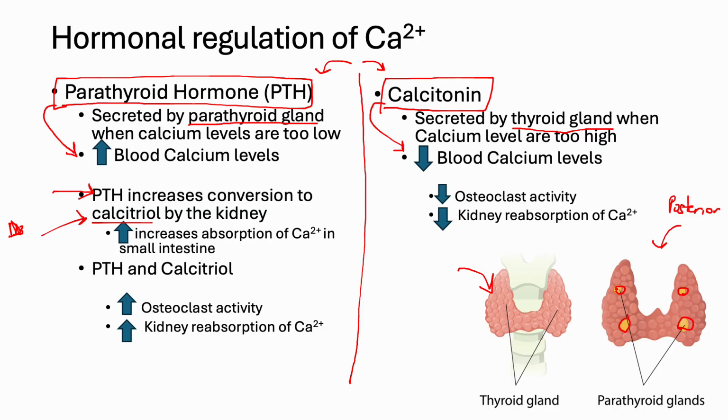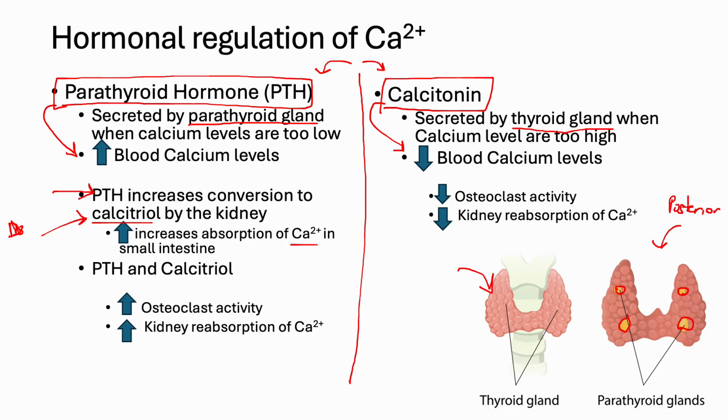So if we have more calcitriol, that's going to have the small intestines absorb more calcium, right? Or more calcium from our small intestines will be absorbed. So that's one way we increase the production of calcitriol, which increases our absorption of calcium from the small intestine.